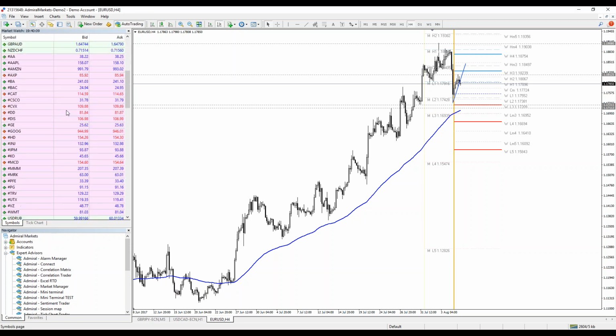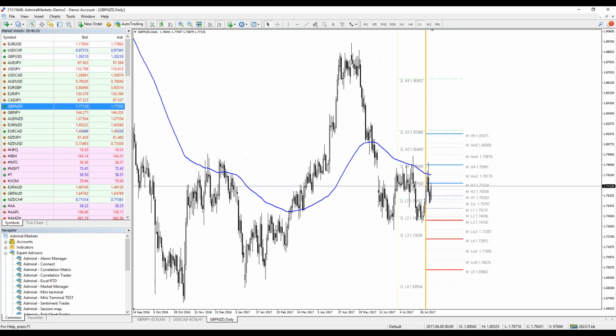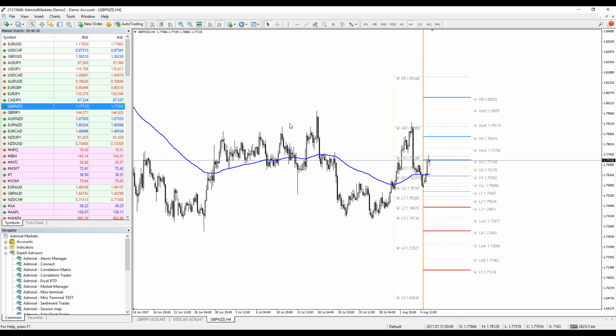GBP New Zealand. Yes, of course, GBP New Zealand. This is GBP New Zealand. Oh, big whipsaw, up, down, up, down. Again, this could reject, and it started to reject from this spot, but if it breaks this high, it will continue to the upside.